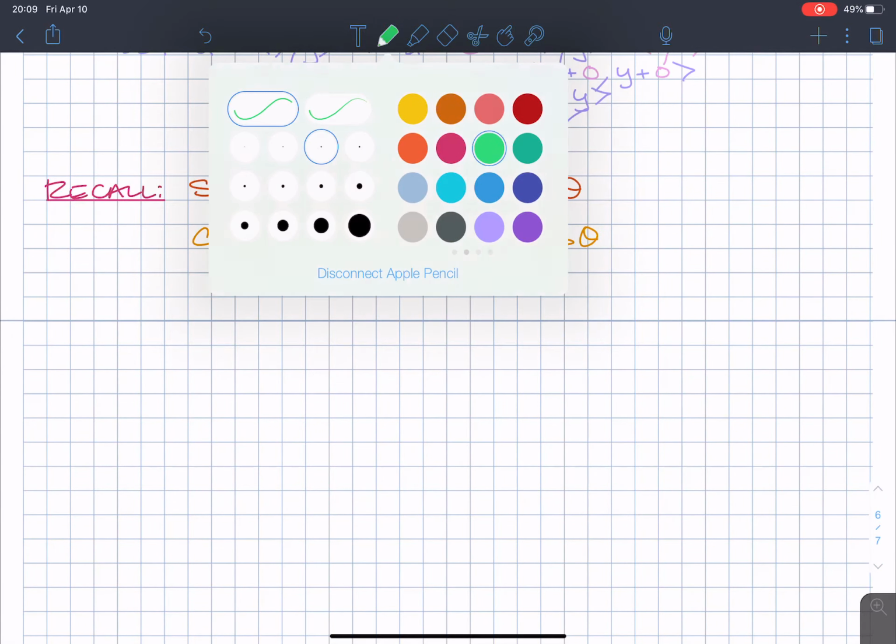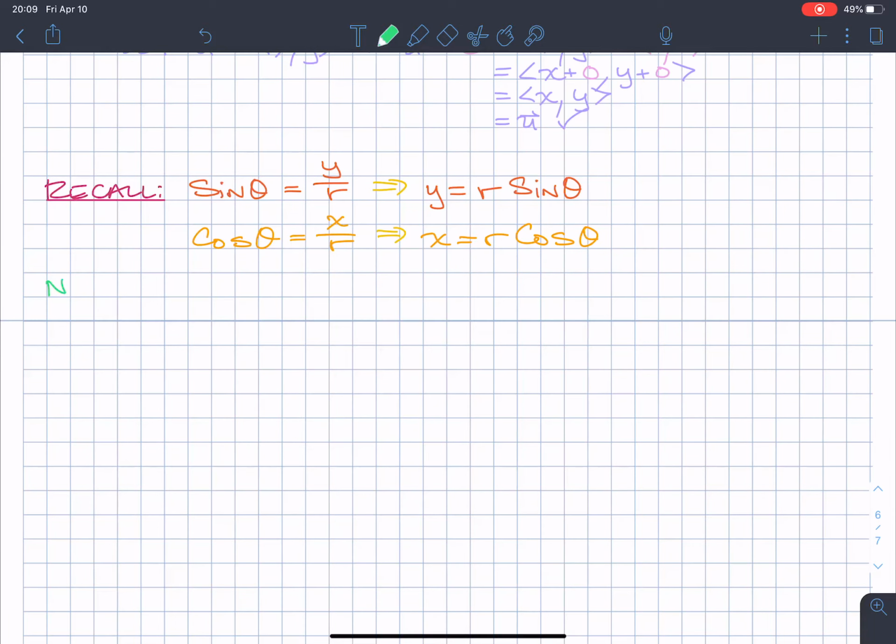And let's note, for a vector v being equal to a comma b, this implies that the radius or magnitude of v is the square root of a squared plus b squared. We know that.